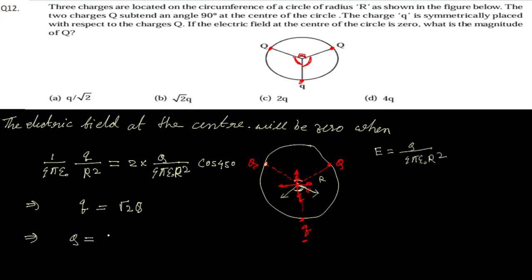So capital Q is equal to q divided by root 2, or 1 by root 2 times q, and at that time the net electric field at the center for this charge distribution will be 0. So the correct option will be option A. Good.